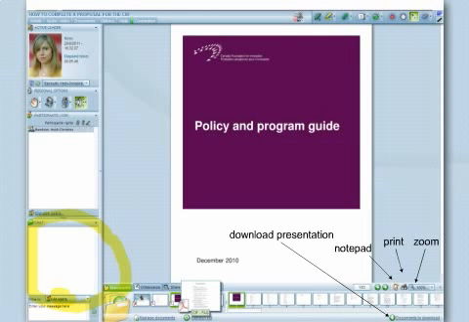Okay, we will be primarily using the features that are located here for you. You have a zoom button if you want to see the slides a little bigger. You can print any of the screens that you see here, and you also have a notepad to take notes during the webinar.